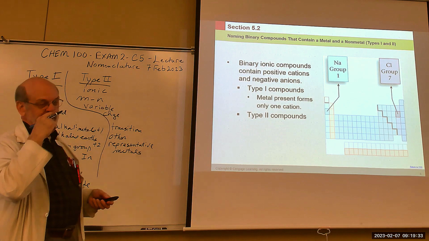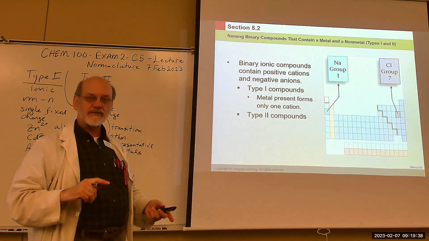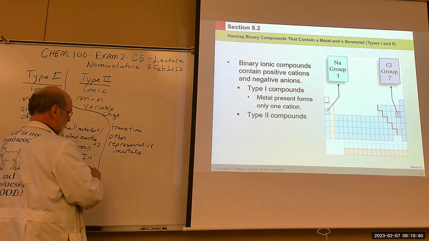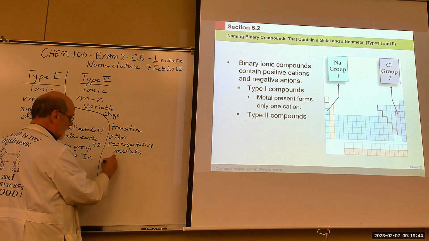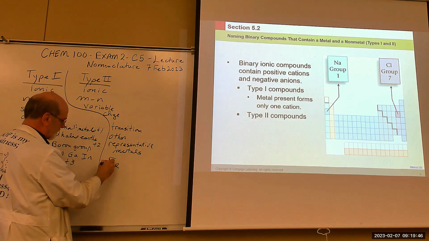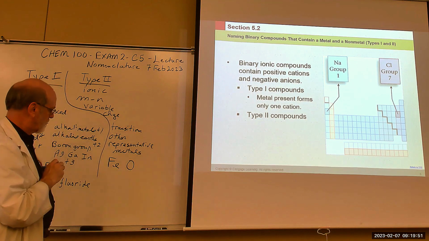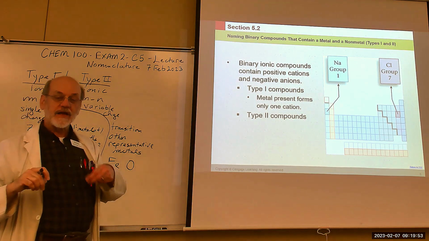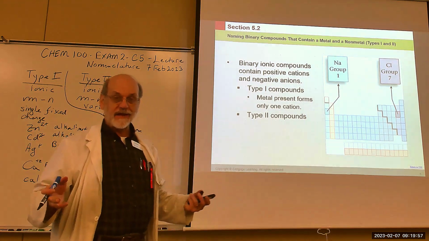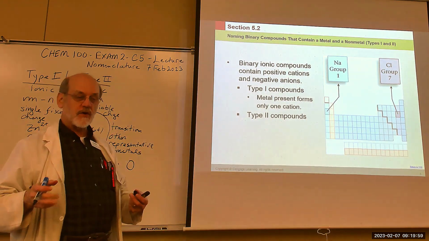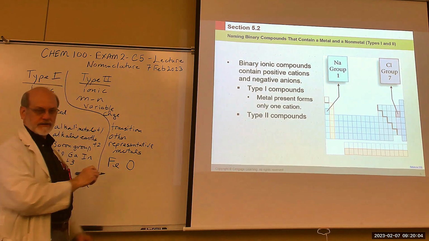So for example, if we form a compound between iron and oxygen, and if you've learned your element symbols so far, you'll know that iron is Fe and oxygen is O. Now, since iron has a multiple charge, we don't know what the formula is yet. We have to say what the charge is. So for argument's sake, let's say the charge on iron is 3+.